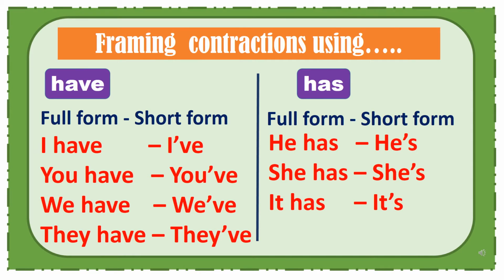Now we will use the word have and frame some more contractions. The first one, I have. I have is the full form and the short form is I've. Here you can observe H, A are replaced with the apostrophe.